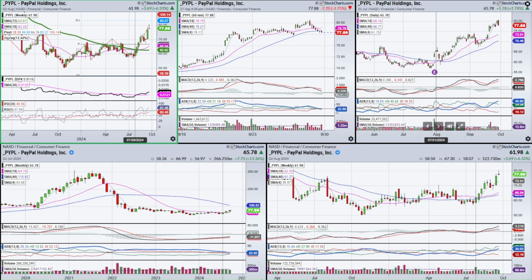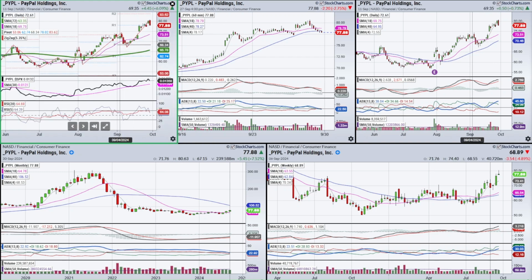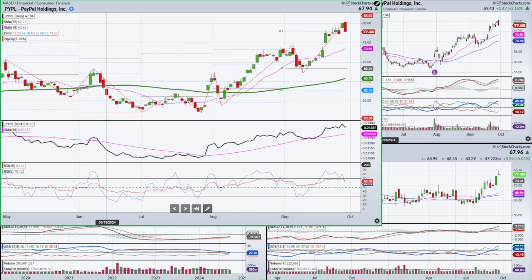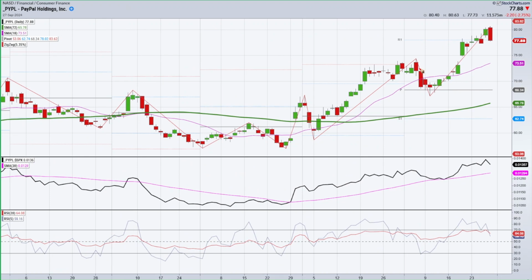So what I've said is, look, go to the daily chart and look for that RSI signal on the daily. See how we came down? We got an RSI buy where the red line, which is the RSI 20, held above 50, and the RSI 5 actually not only got below the 50 line, it got all the way down to the oversold area.